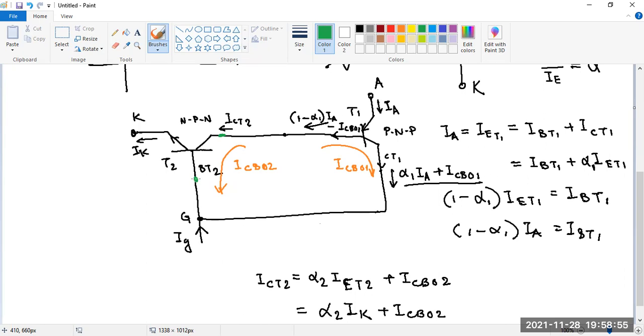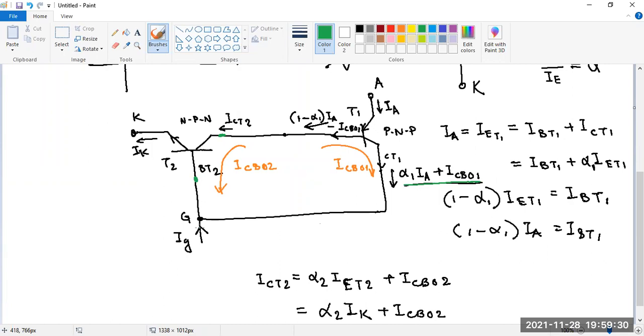So what are the 3 currents there? One current I have already written here. This current will come from right to left. IG will be coming there, and one current is outgoing.